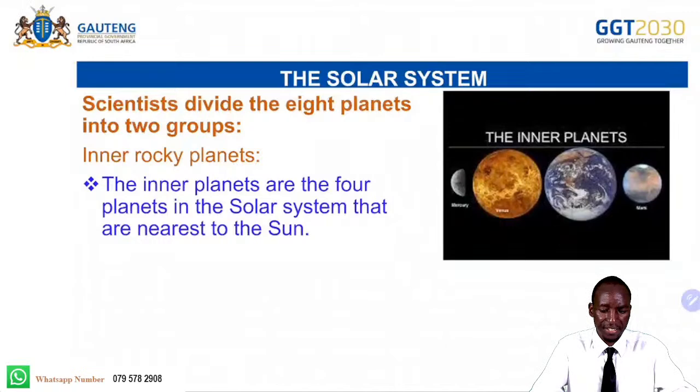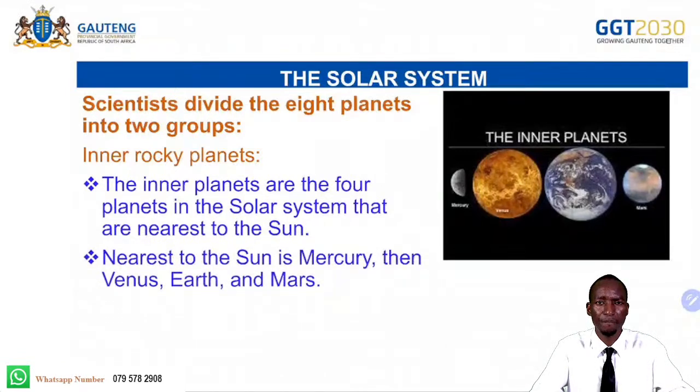The inner planets are the 4 planets which are found closest to the sun. Hence, they are called the inner planets because they are the nearest to the sun. Right, let us name them. These 4 inner rock planets are Mercury, Venus, Mars, and our very own planet Earth.